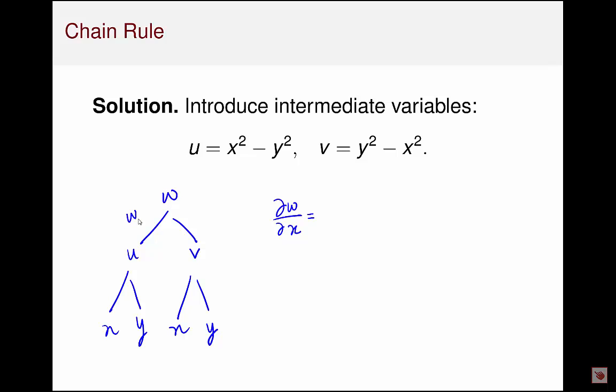So here we have w sub u multiplied by du/dx, or you can write u_x if you want. Maybe to be consistent, let's write u_x. So we have w_u times u_x plus, according to the second branch now, w_v times v_x.